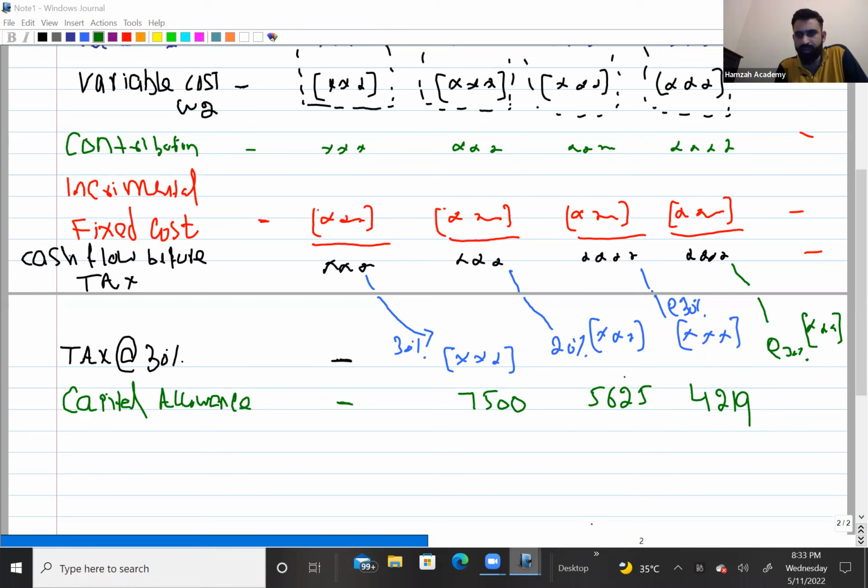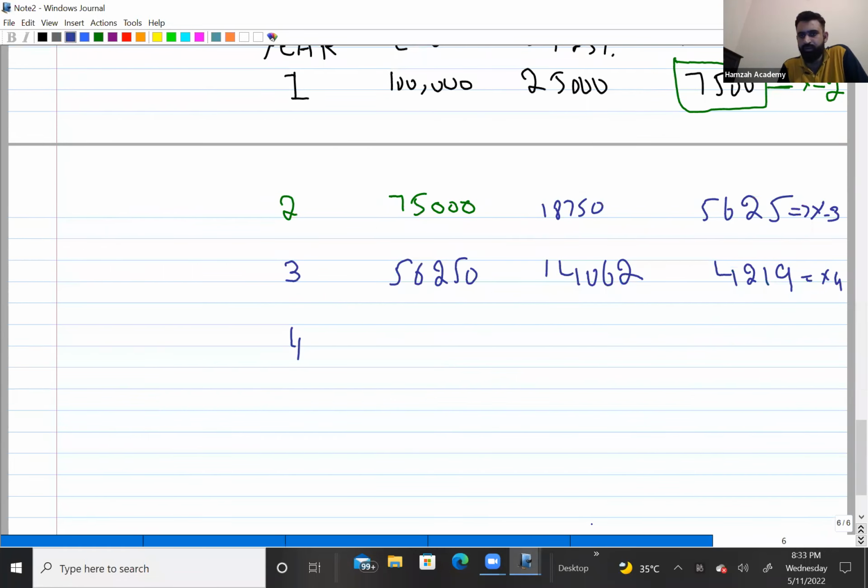And then, in year 4, the carrying value will be 56,250 minus 14,062. It will be 42,188. You get it?